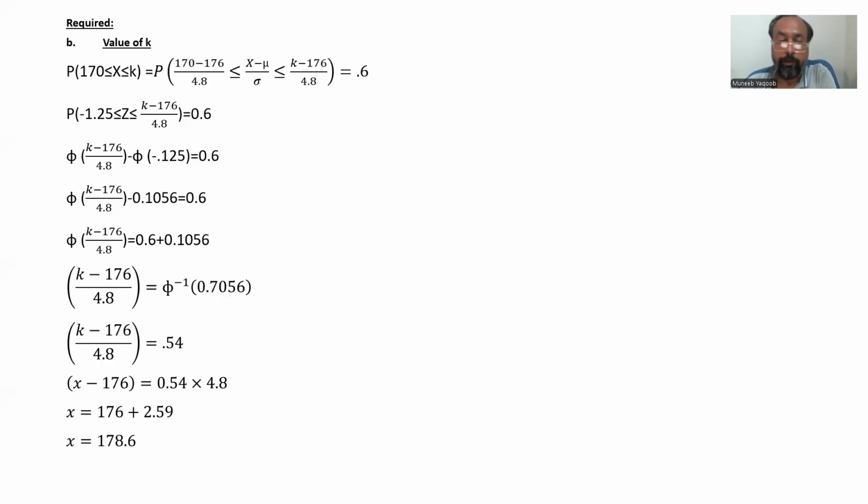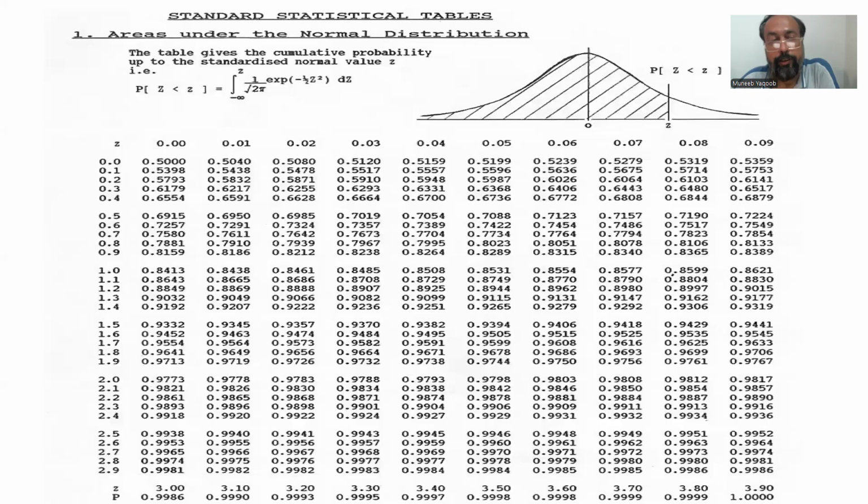Now, how can we calculate the same probabilities from our normal distribution table? If you recall, in the A part, we calculated probability of Z less than 1.25. For that purpose, you can see that 1.2 is written here and it is highlighted by me.